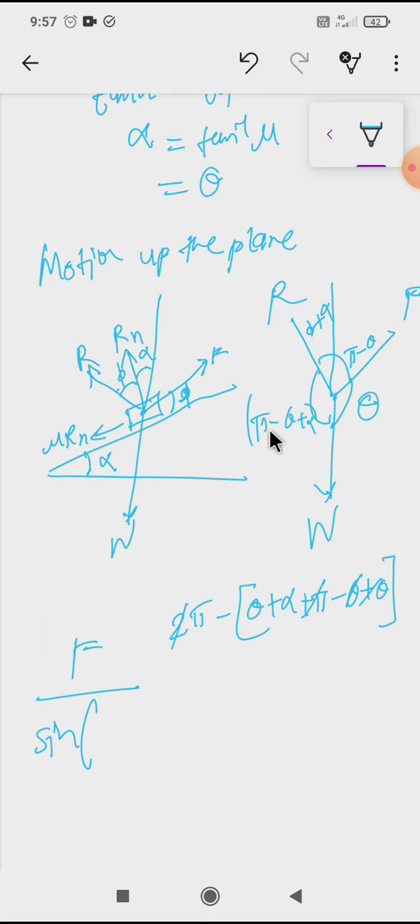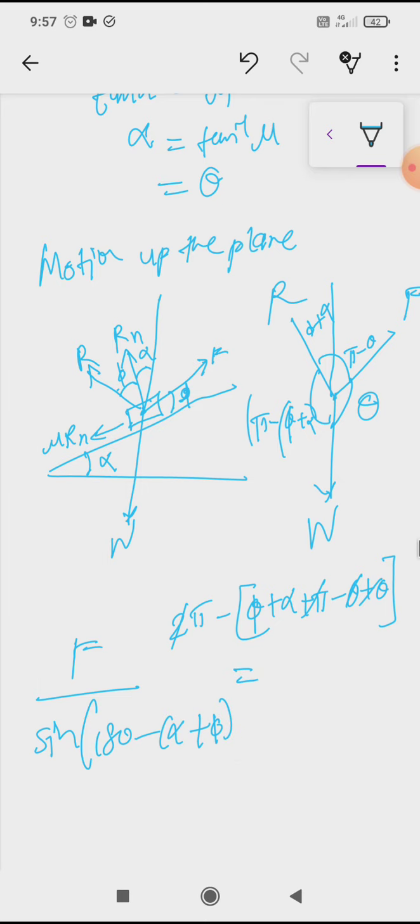So F will be over sine of pi minus theta plus alpha, and here it will be 180 minus alpha... sorry, here it is phi. So it is phi plus alpha, so it will be alpha plus phi.